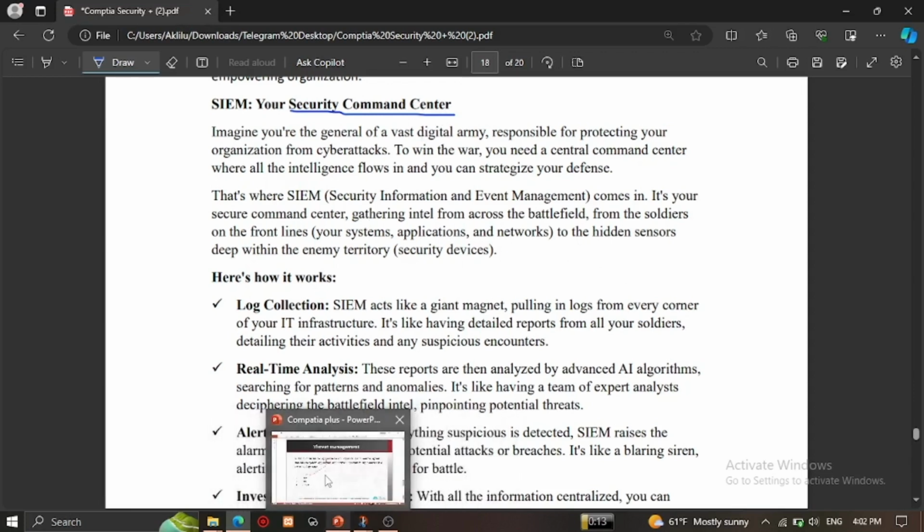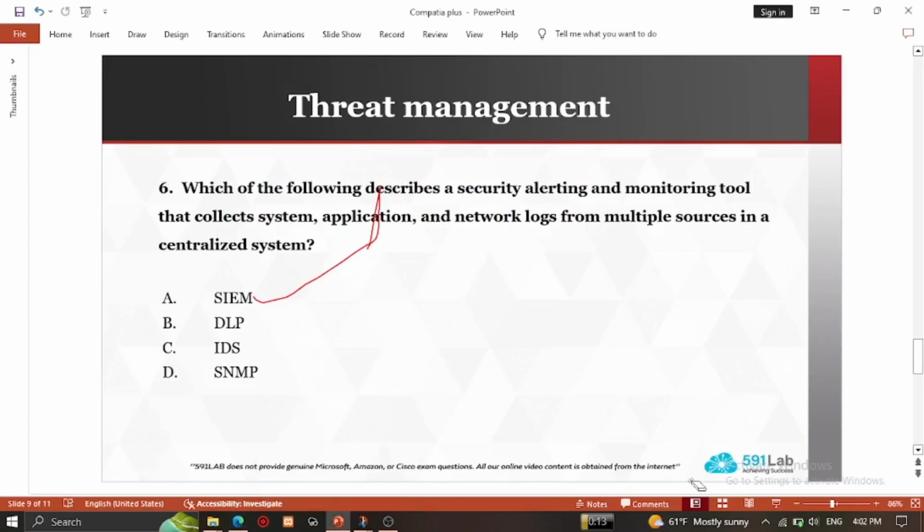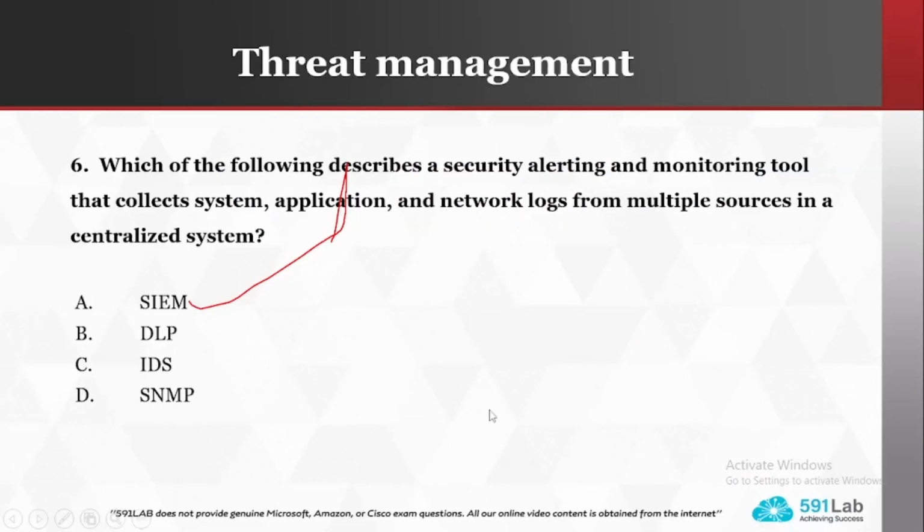So the correct answer is A. B could not be the answer. DLP is simply data loss prevention. It focuses on preventing unauthorized data exfiltration. So this could not be the answer.